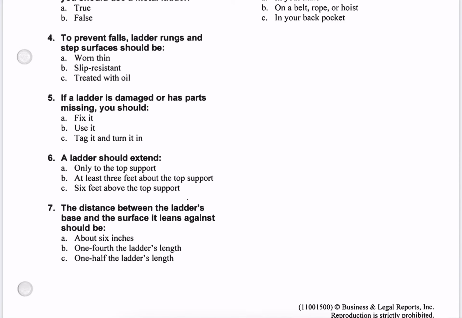Number 7, the distance between the ladder's base and the surface it leans against should be A, about 6 inches, B, 1/4 the ladder's length, or C, 1/2 the ladder's length. The answer is B, 1/4 the ladder's length.